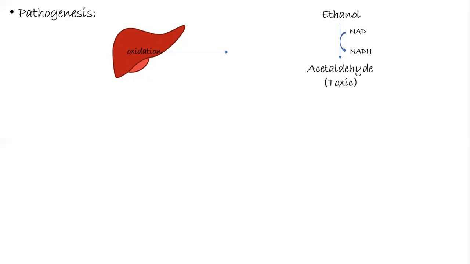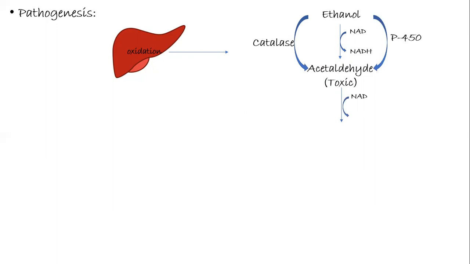The acetaldehyde is very toxic to the body. The conversion of ethanol to acetaldehyde takes place using two types of enzymes. The first is catalase and the second is the P450 enzyme, which is present in the liver. This toxic acetaldehyde is again converted to acetate using NAD.